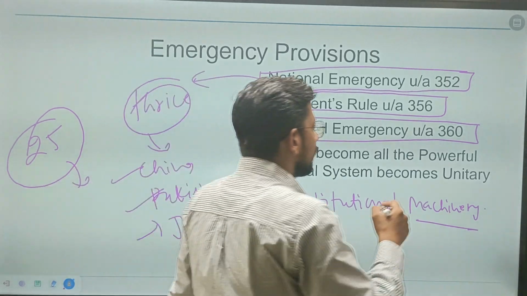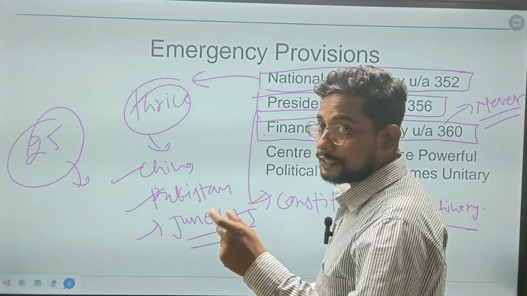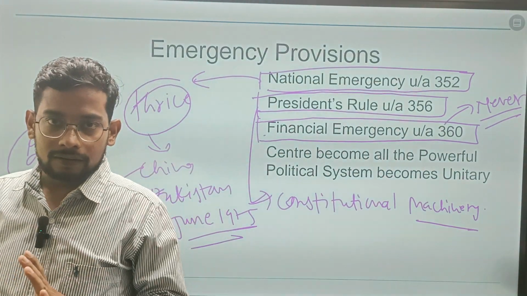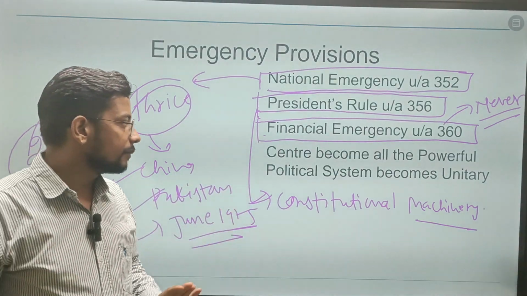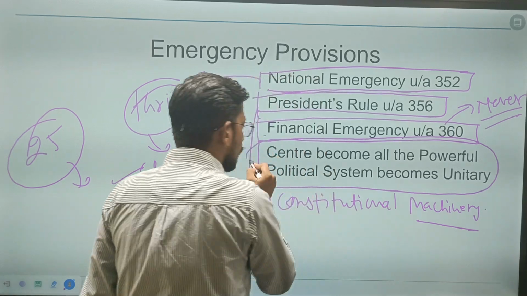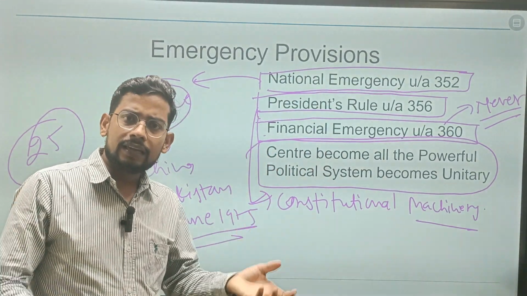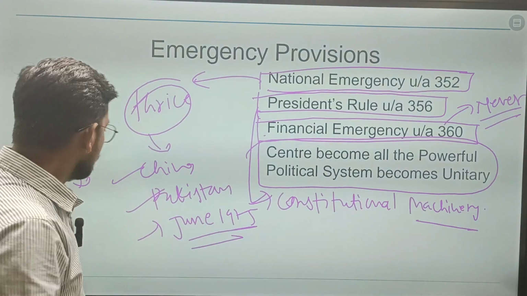But remember one thing, India has never imposed financial emergency, although conditions emerged in 1991. Remember one thing, in case of emergency, India became unitary because all the powers of the state came into the hands of the central government.